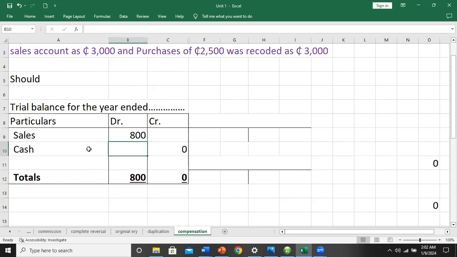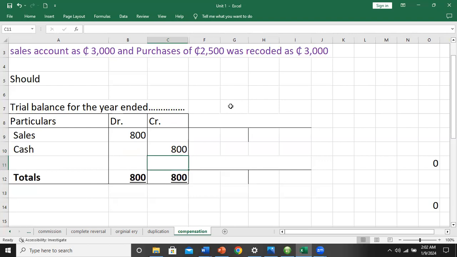Cash has a debit balance, but I put it at the credit side. So you see that my trial balance will agree, but there's an error. What error is that? This sales is supposed to be credit and this cash is supposed to be debit. But these errors cancel themselves out because they compensate each other.